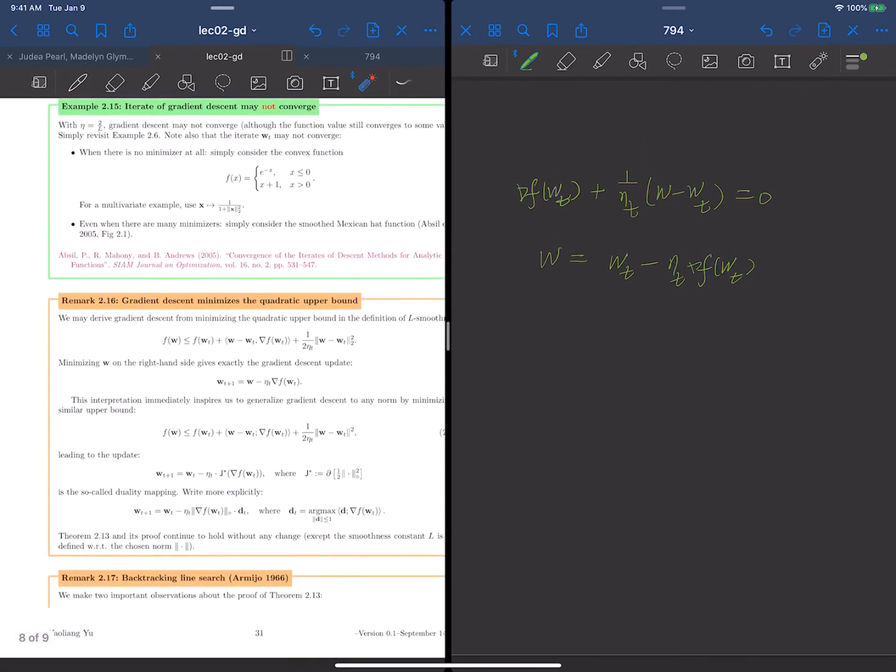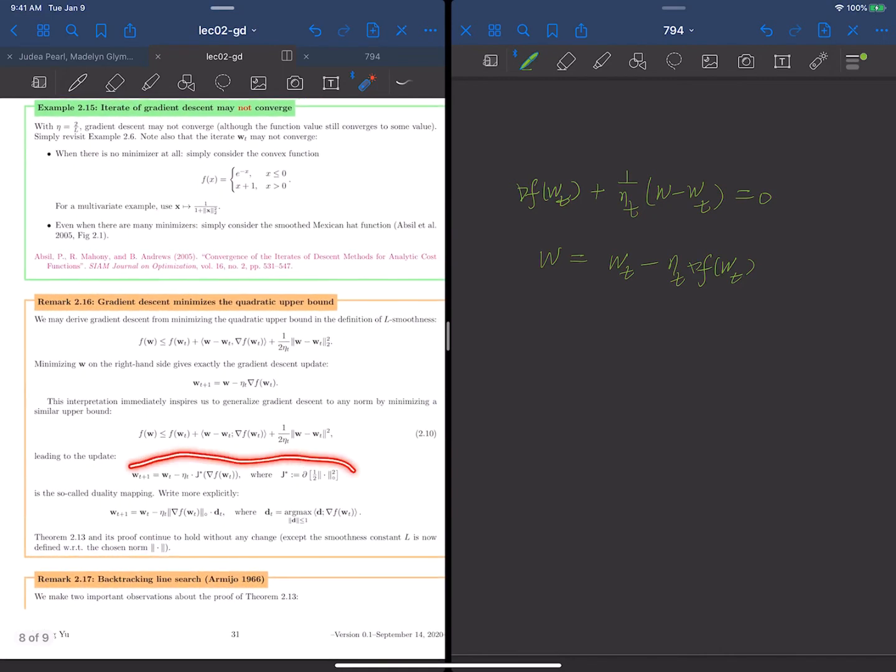So I wrote the update here in a very weird notation. Basically, what you have to do is take the dual norm of the norm you chose here, square it, divide by 2, and then take the derivative of this and put it in front of the gradient. If you don't understand this, that's perfectly fine. We don't need to use this in later lectures.